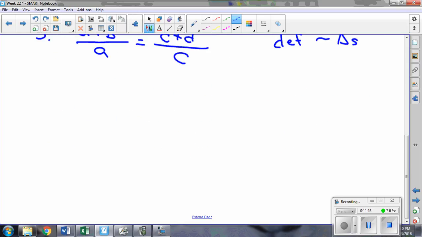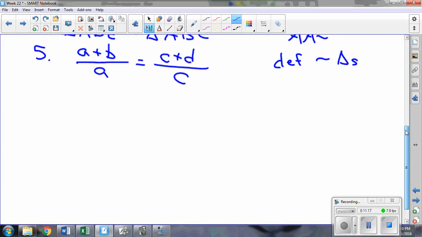Well, when we got around to solving proportions with our earlier work, what did you do to solve a proportion? Yes, we would have to cross multiply these pieces.